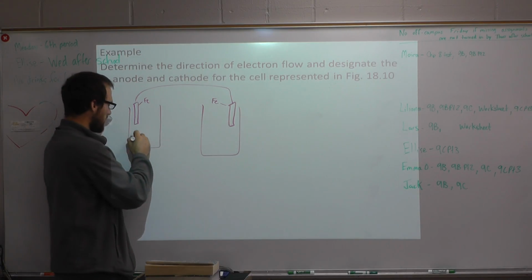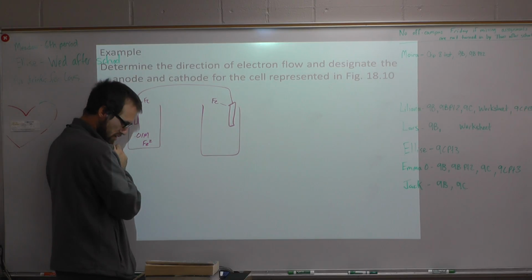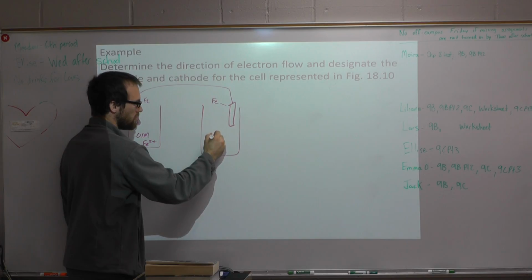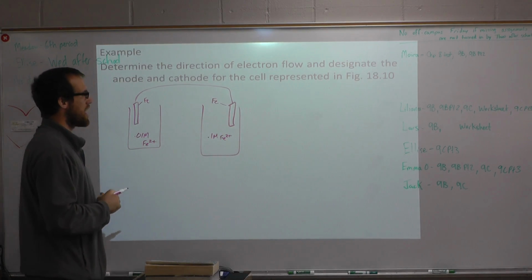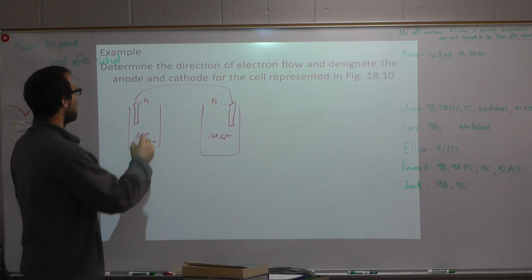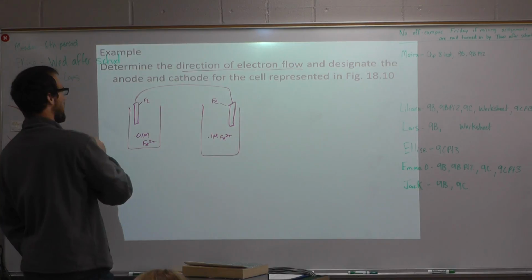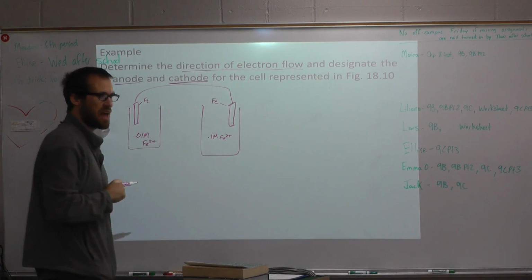And then in solution, I've got 0.01 molar Fe2+. And over here, I have 0.1 molar Fe2+. So what I want you to determine is the direction of electron flow and figure out which of these is the anode and which of them is the cathode.